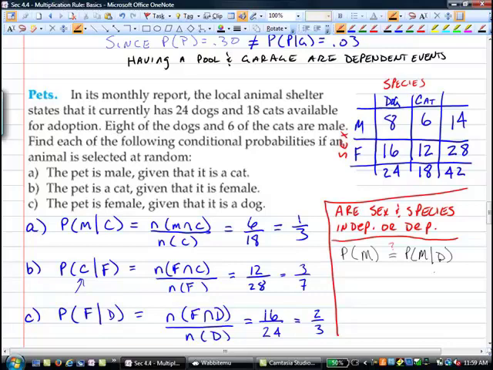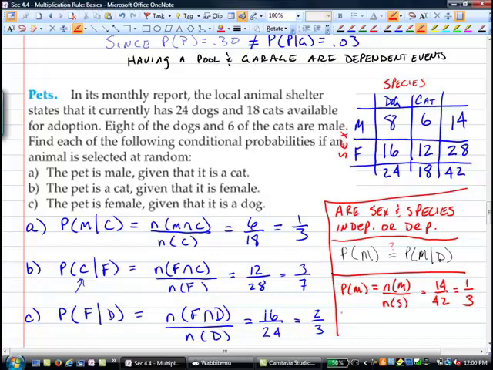Well, first of all, out of all the animals in the shelter, what is the probability of selecting a male? The probability of selecting a male animal will be the total number of male animals in the shelter divided by the total number of animals in the shelter. So that would be the male animals. There's how many? 14 out of 42.